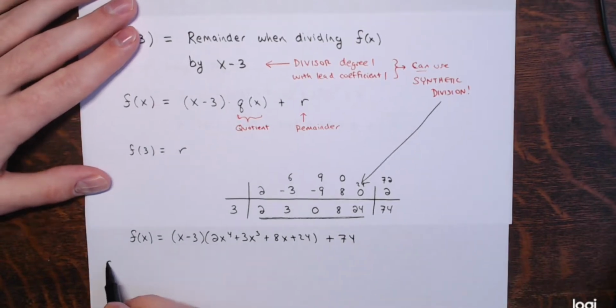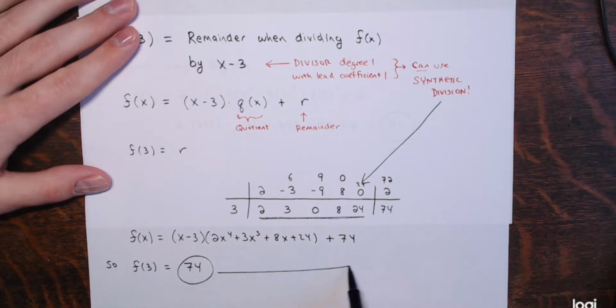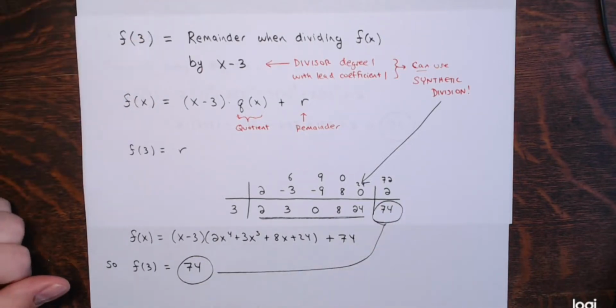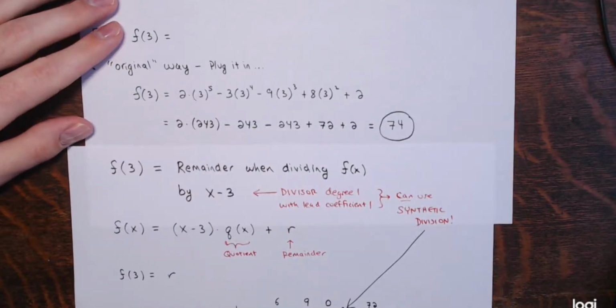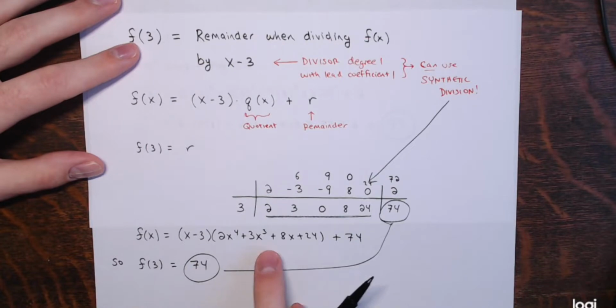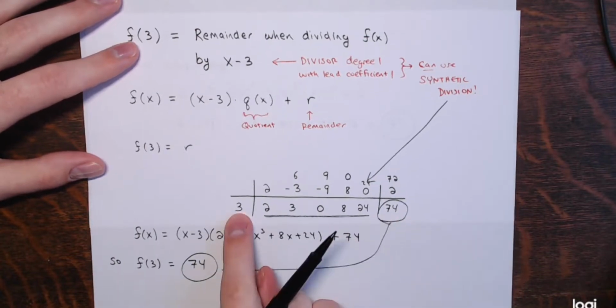So f of 3 is just 0 plus 74, the remainder. That was just the remainder when you divided. And that's exactly what I got on the previous page, just plugging in the number. Now, I didn't need to write all this x stuff here. I could have just said, remainder theorem tells us that f of 3 is 74.